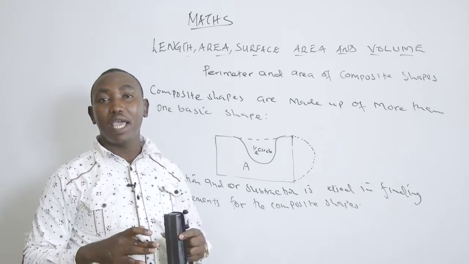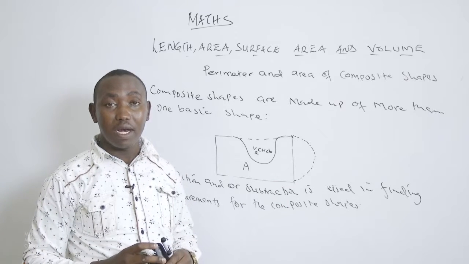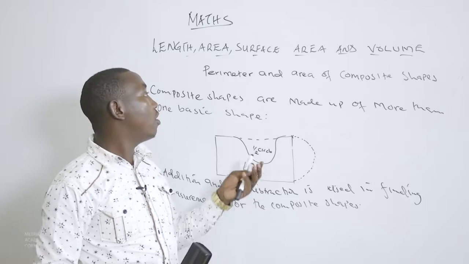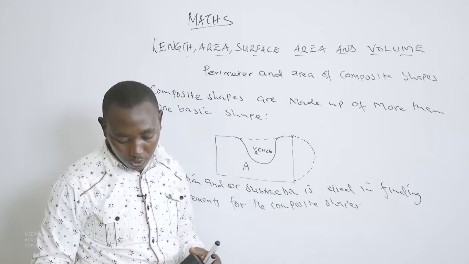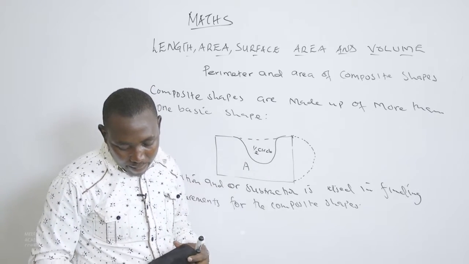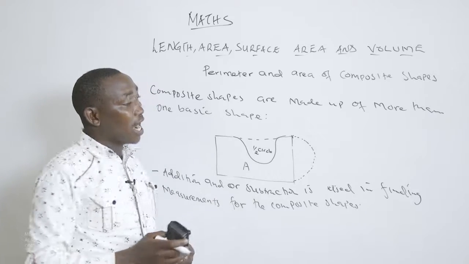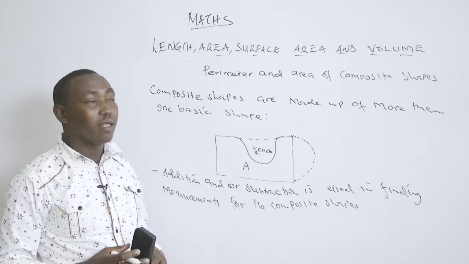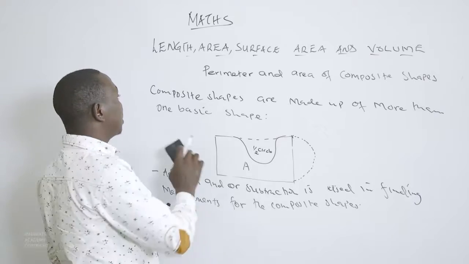So it involves addition and sometimes subtraction for you to get the area or the perimeter of those composite shapes. We are going to consider a number of examples on how you can find the perimeter and the areas of the composite shapes.